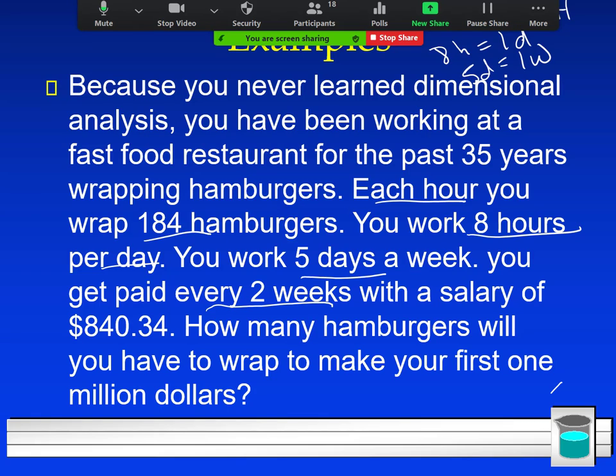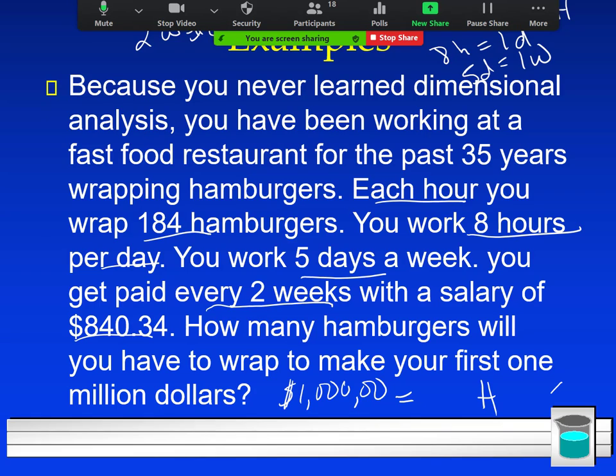Paid every 2 weeks with $840.34. So 2 weeks equals $840.34. And now the question, how many hamburgers would you have to wrap to make your first $1 million? That's the question.